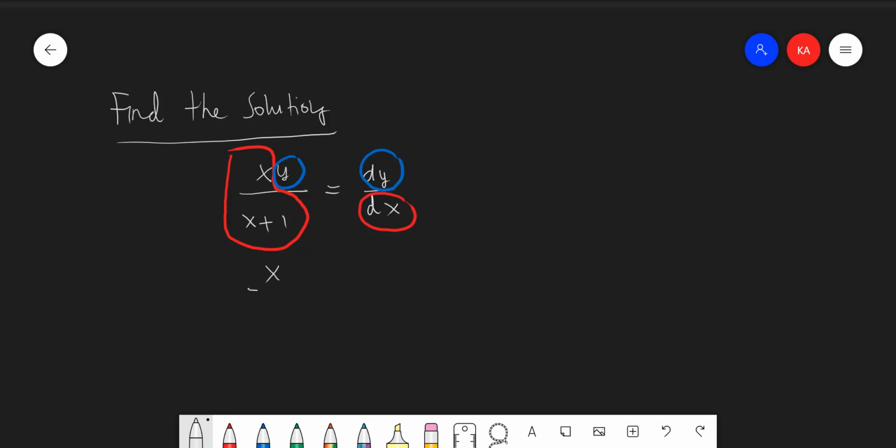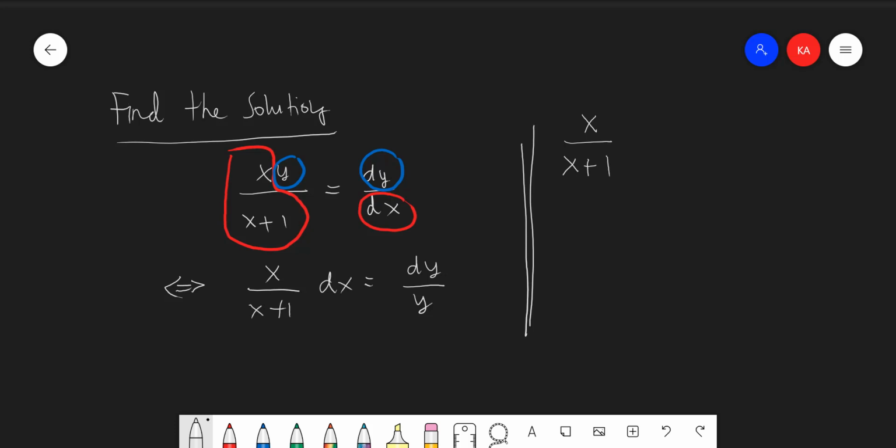So x per x plus 1 dx is equal to dy per y. Here we have x per x plus 1.